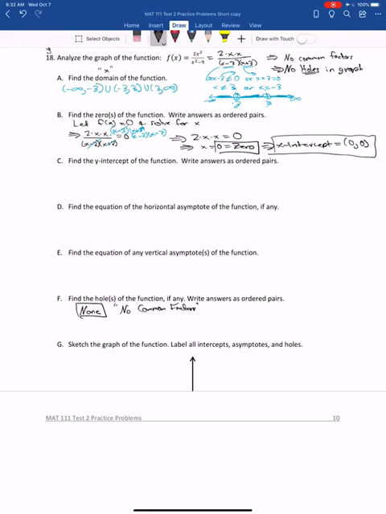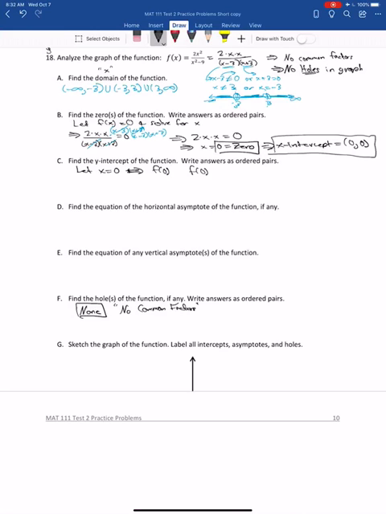All right, let's move on and find the y-intercept, which, if the x-intercept is the origin, we know the y-intercept is also going to be the origin. But as we look at that, we're going to let x equal 0. As we do that, we're going to find the function f of 0.